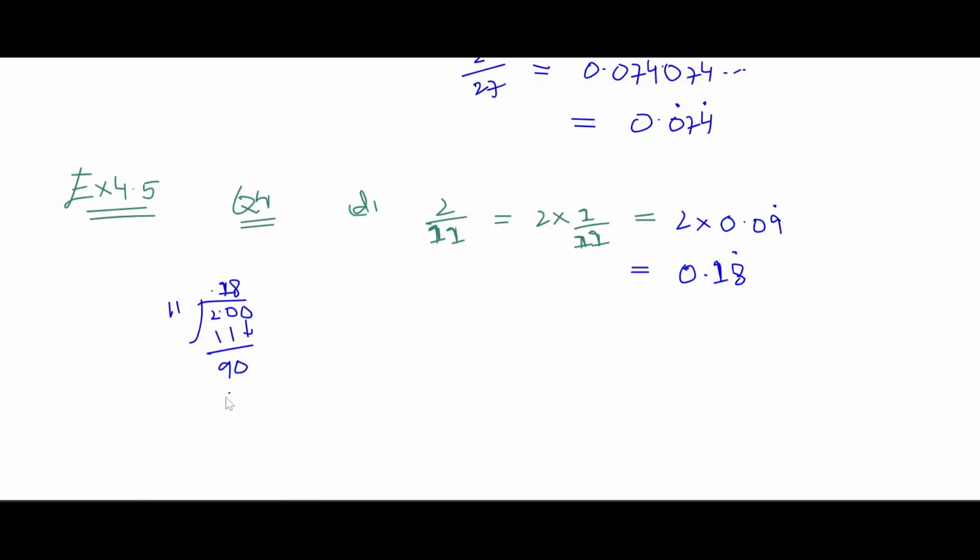So 8 into 11 is 88. So 90 minus 88 is 2. Now there is a 0, and it will come down. Similarly, it's 1, so there should be a dot above the 1. Simple.